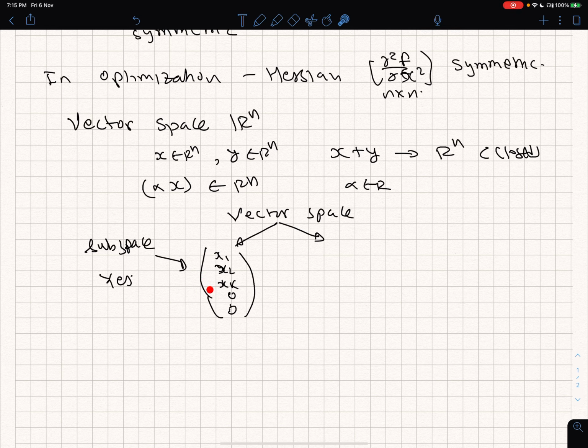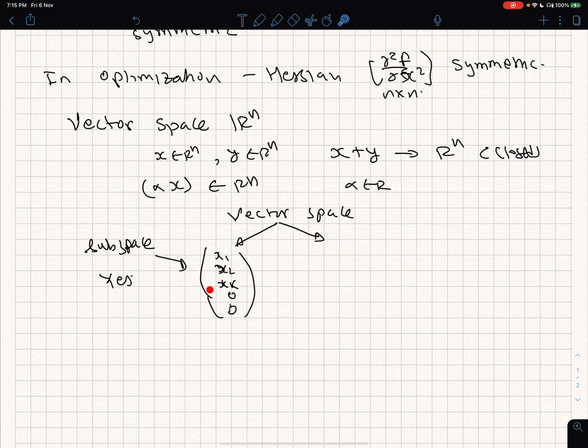Now, if I look at the set of all m cross n real matrices, question, is it a vector space? Answer is yes, of course. Why? Because let's say you take all real 5 cross 3 matrices.